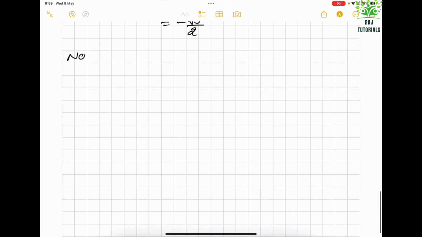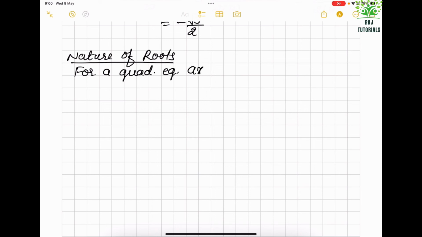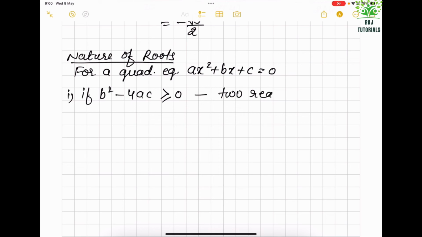Then the next topic is nature of roots. Now here we will get the solution of these things. How did these roots come equal? For a quadratic equation ax square plus bx plus c equal to 0, first, if b square minus 4ac is greater than 0, I will have two real distinct roots.